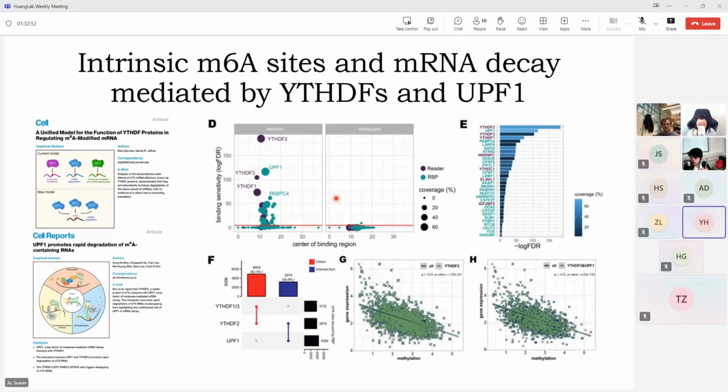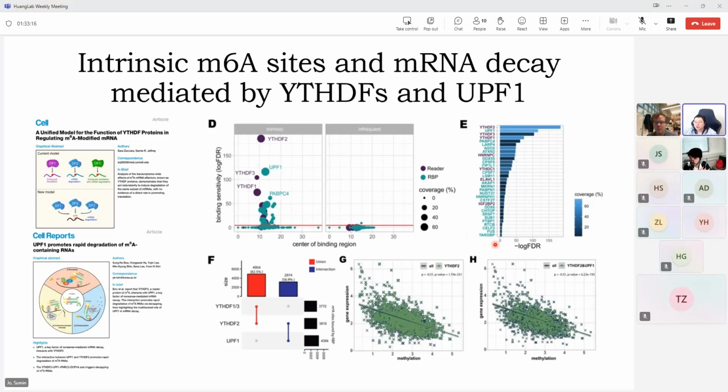What's really significant here is if you look at the enrichment ranking, figure E: YTH-DF2 ranked number 1, UPF1 ranked number 2, and YTH-DF3 and DF1 are number 3 and 4. Sumi has a really long list of proteins. How many proteins do you have?